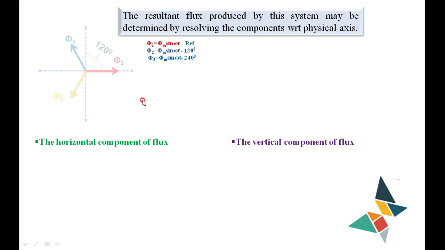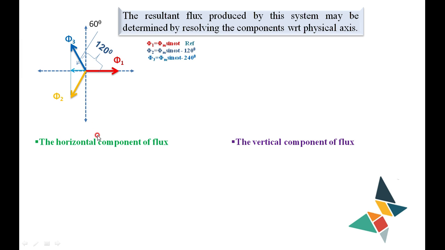I have the three fluxes phi1, phi2, phi3, displaced by 120 degrees. Then I am interested in the horizontal component. So I resolve phi1, then phi2 along the x-axis. Similarly, phi3 is also resolved along the x-axis. Here there is an x component of phi2 as well as an x component of phi3.